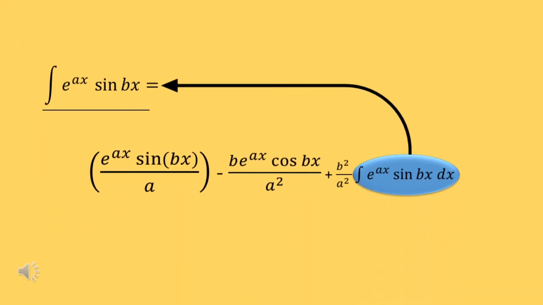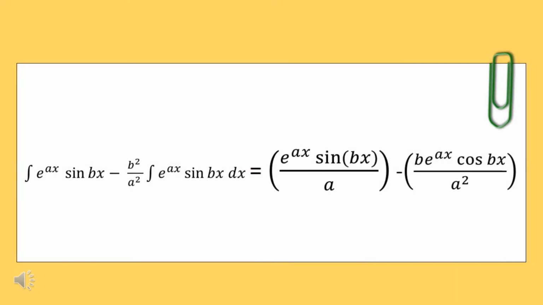As we can see at the back of the equation, we got integration exponent ax sine bx, and it's the same as the main question. Because it is the same as the main question, we don't need to solve it by using integration by parts again.